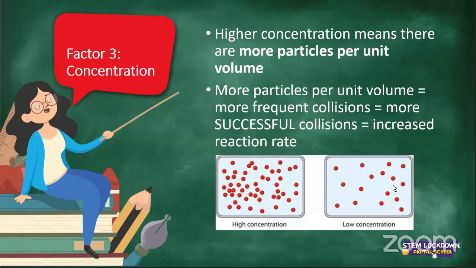So when we're referring to concentration, we are basically just saying that you are adding particles to your system. The more particles you have per unit volume, the more possibility of a collision, because they're going to bump into each other more.